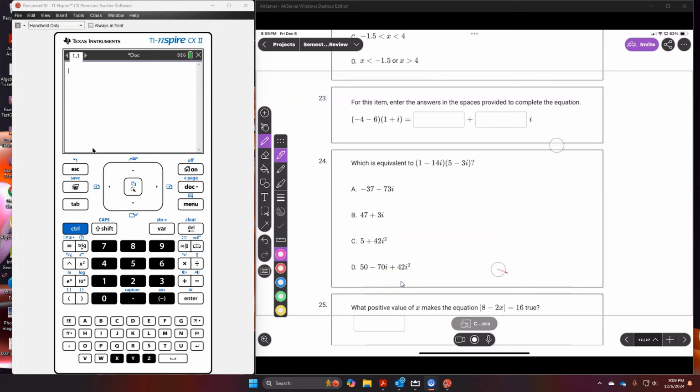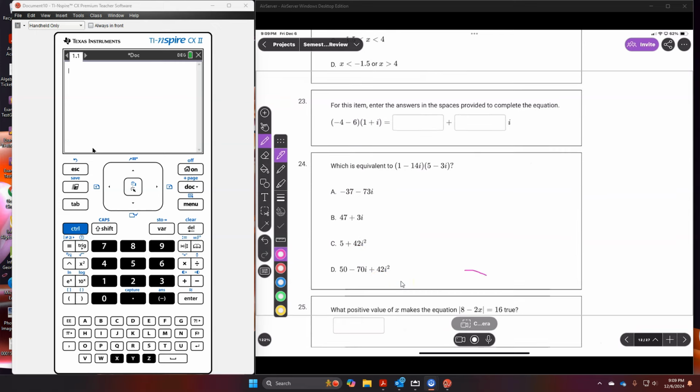So 23, I'm going to work out. So I have negative 4 times 1 is negative 4. Negative 4 times i is negative 4i. Negative 6 times 1 is minus 6. And negative 6 times i is negative 6i. So we have negative 4 minus 6 is negative 10.